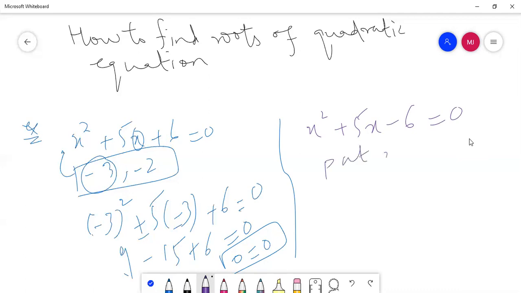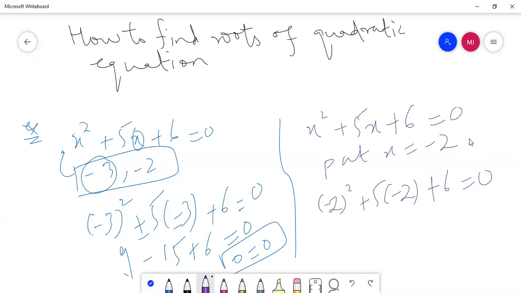Put x is equal to -2. Here x square means (-2) square plus 5 into x means 5 into -2 plus 6 is equal to 0. Sorry, my equation was x square plus 5x plus 6 is equal to 0, so here this is plus 6.